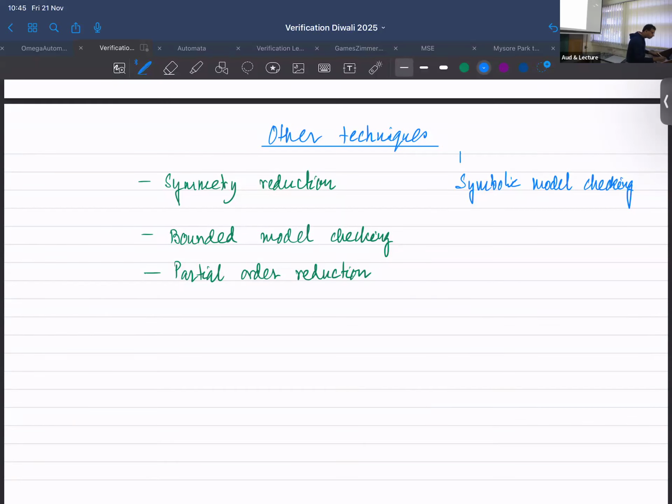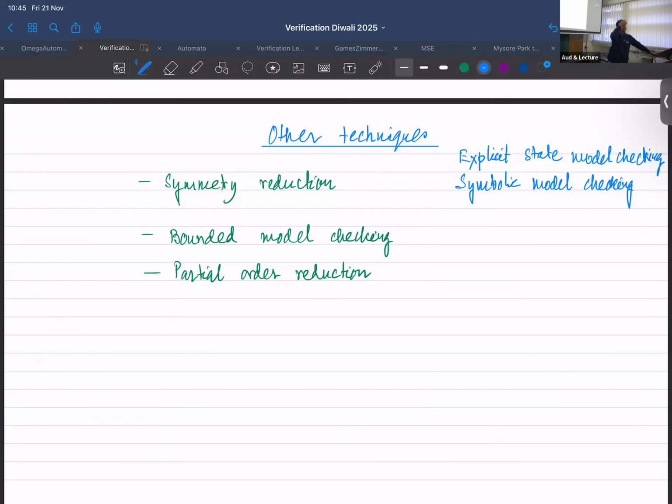This is as opposed to the standard thing that we first learned, called explicit state model checking, where you do everything for individual states. It doesn't scale well. And now there are other techniques to make model checking more scalable.